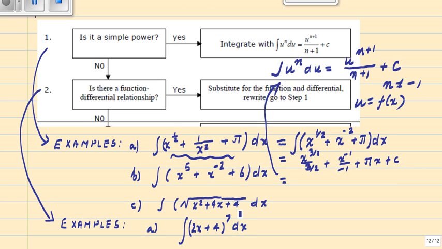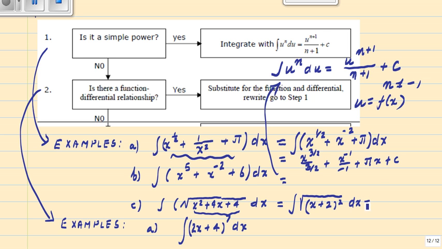In example C, we see in here that we are not in the form that we can integrate. So the very first thing, we basically see if there is anything that we can do with this integrand in here. And we examine the radicand, and we see in here that that's nothing different than the integral of square root, but inside of the square root we have x plus 2 squared dx.